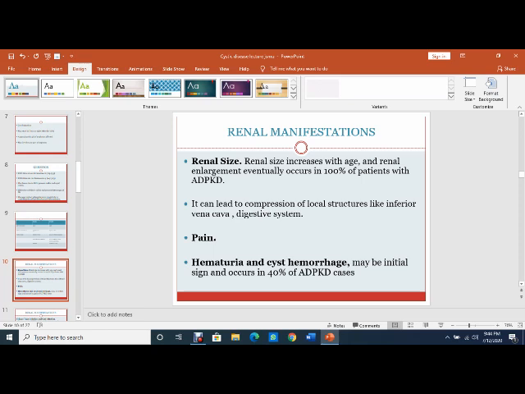It can lead to compression of local structures like the inferior vena cava and the digestive system. Patients usually complain of dull flank pain or heaviness, and 40% of patients present with hematuria and cyst hemorrhage.